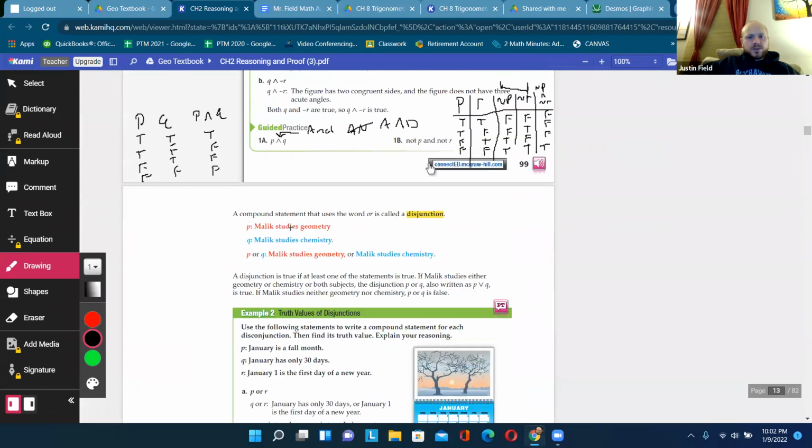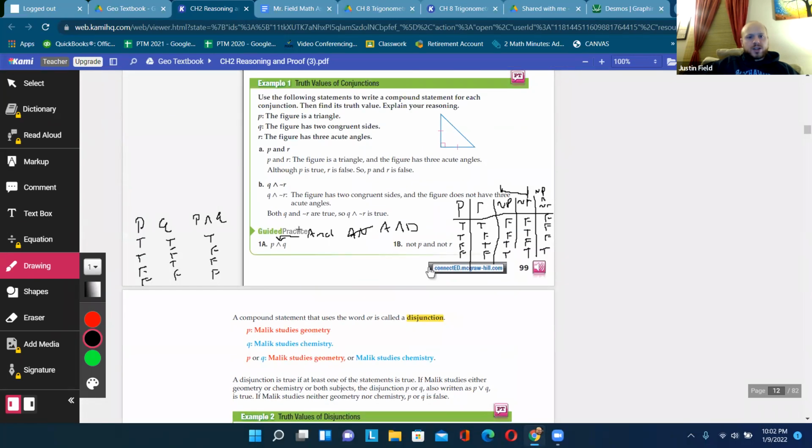Was I not even supposed to do a truth table for that? I just went ahead. Oh, you're supposed to write it. Well, so just write the compound statement for P and Q, okay. The figure is a triangle and the figure has two congruent sides.